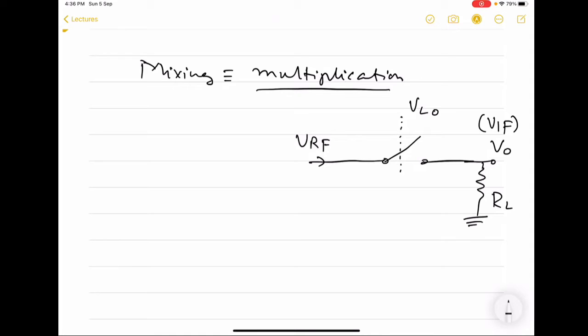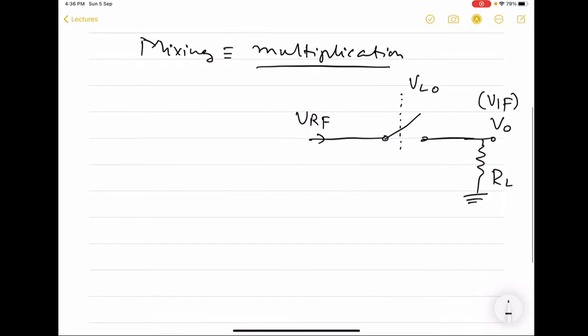So out of infinitely many output components, only two were either up converted or down converted. In fact, we will be using only one of them, not both. So now let us see how the output will contain the product of LO and RF.